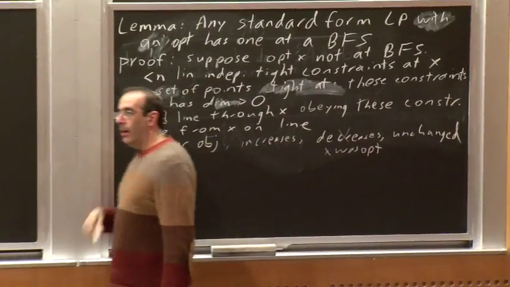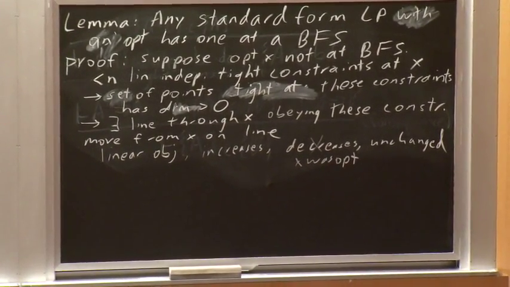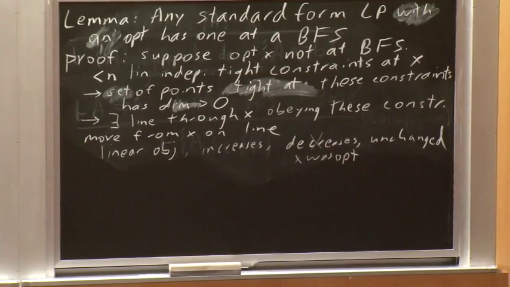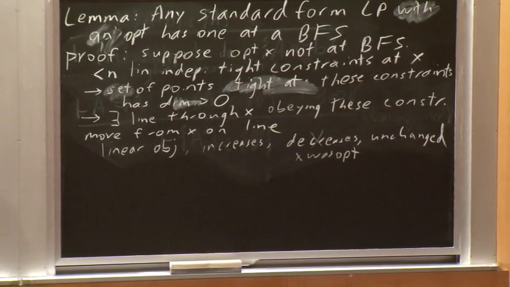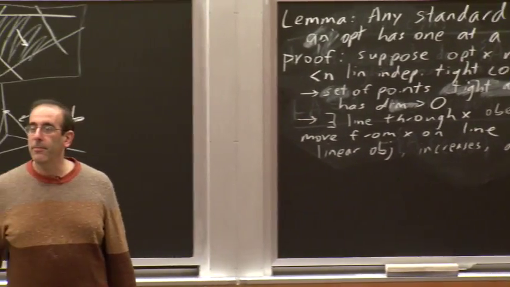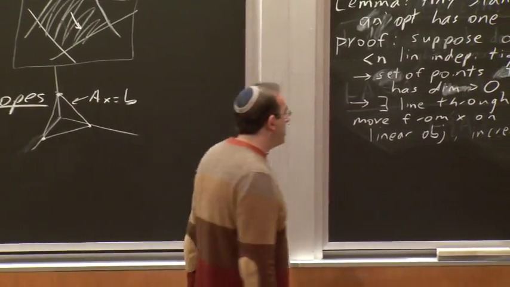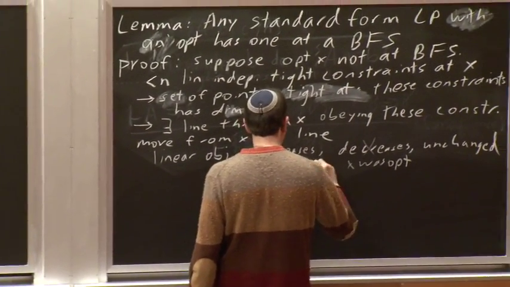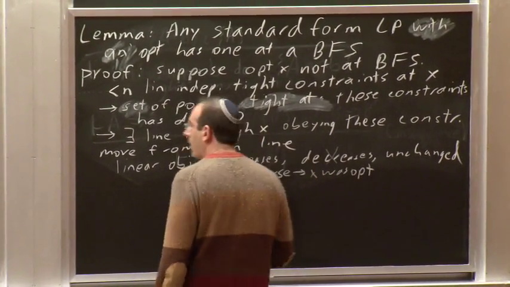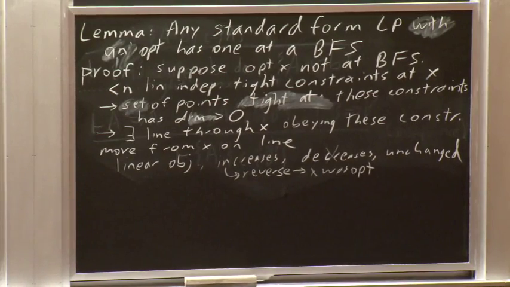Okay. Is it possible for the objective to increase as I move along the line? No, definitely just go the other way. Right. So if I increase, I can reverse directions, and then I'll be going in a direction where it decreases.